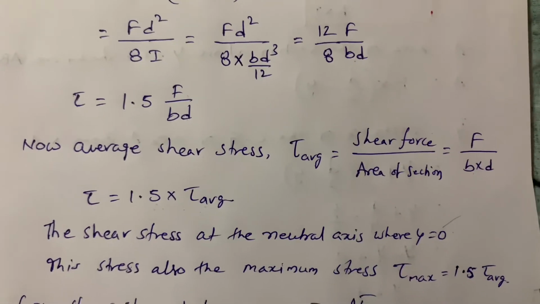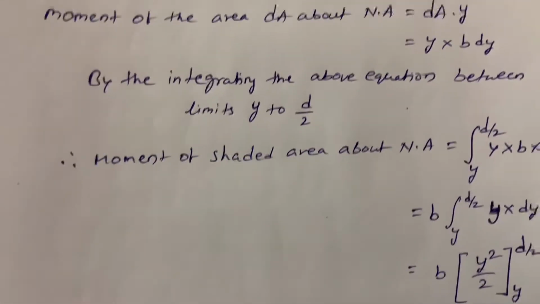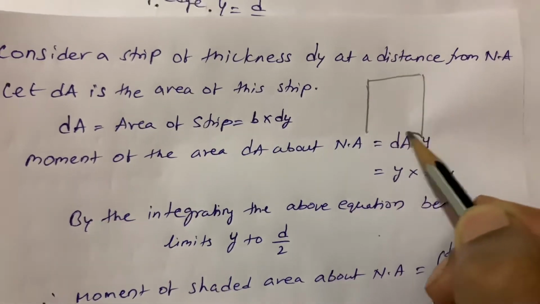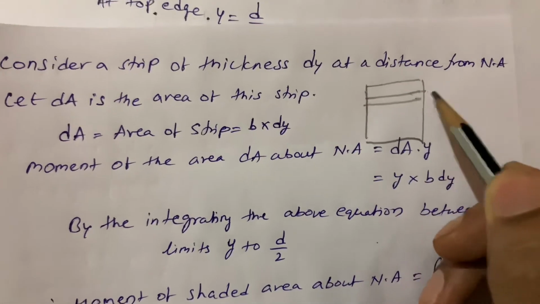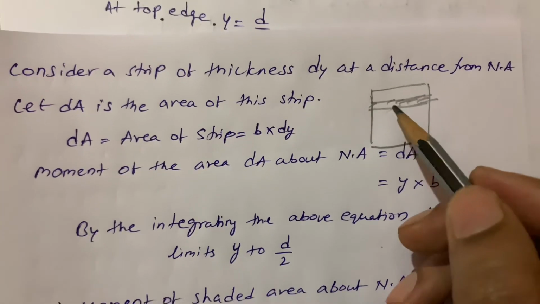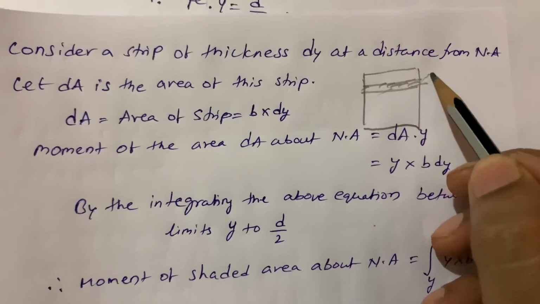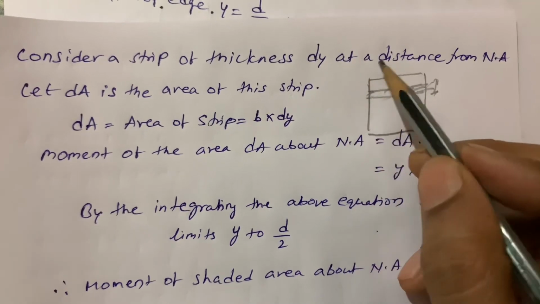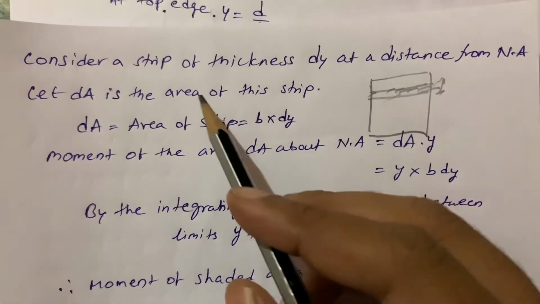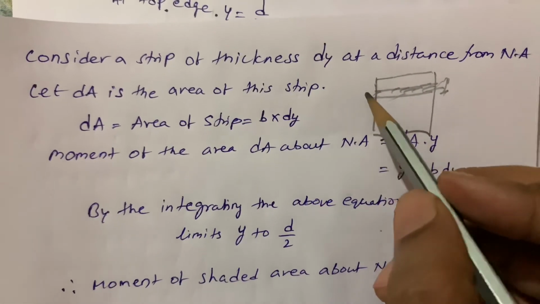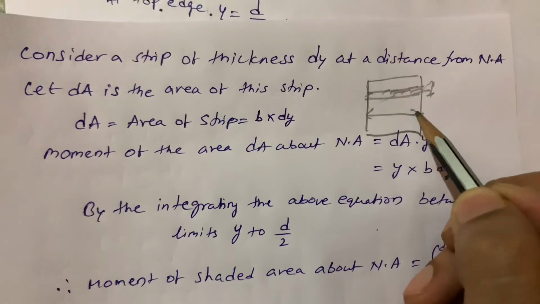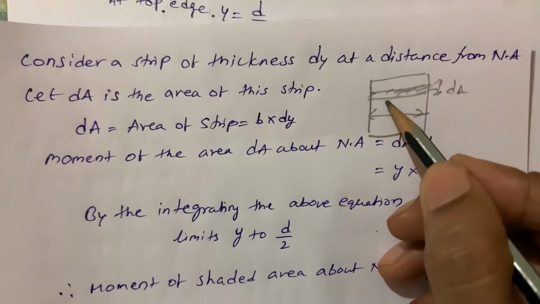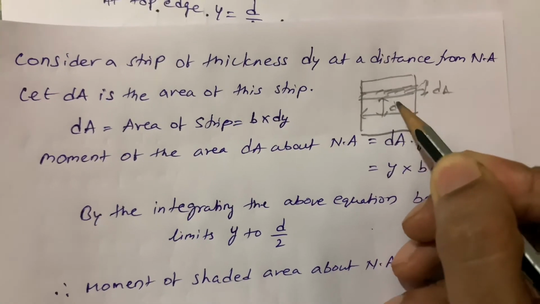For that purpose, we consider a small strip in the beam, with thickness dy at a distance y from the neutral axis, and dA is the area of the strip.